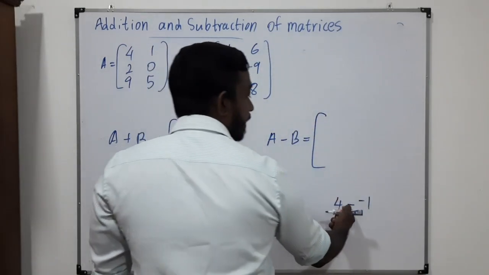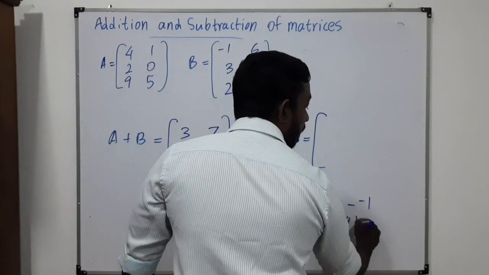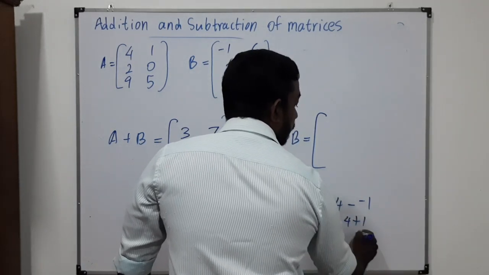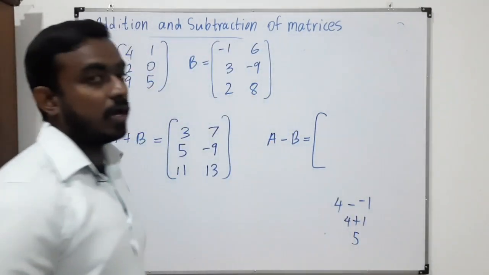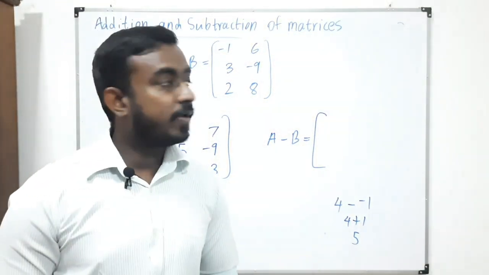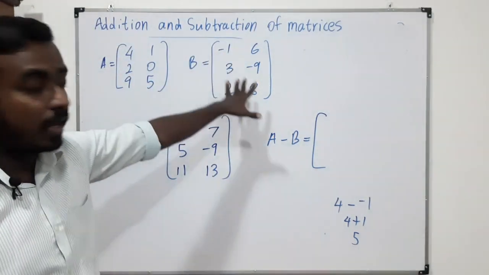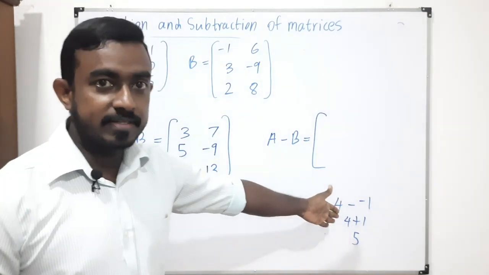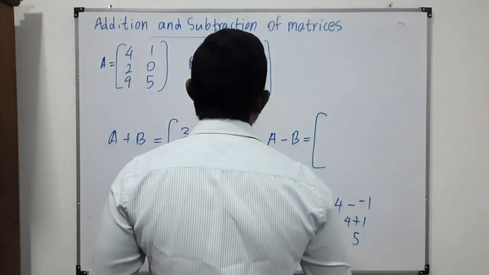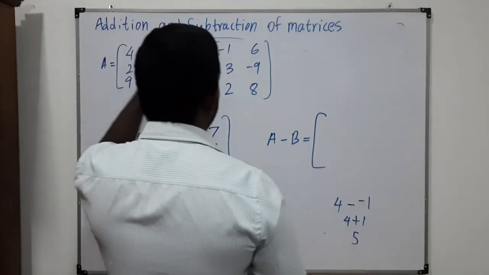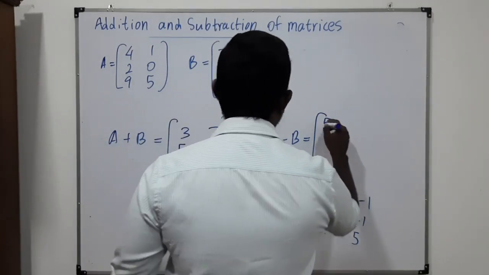Now you know that minus minus will be plus 1. So it will be 5. So you have to be careful whenever there is a negative value. 4 minus -1 will be 5.